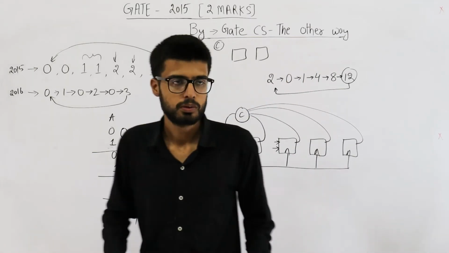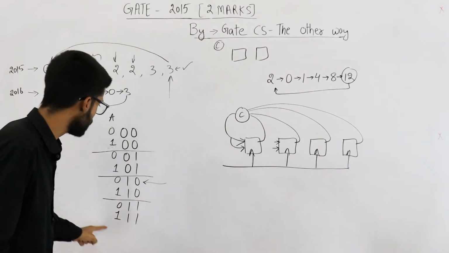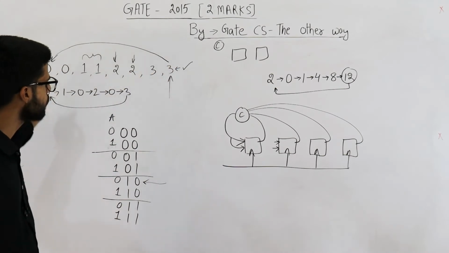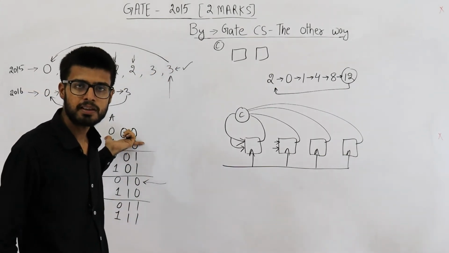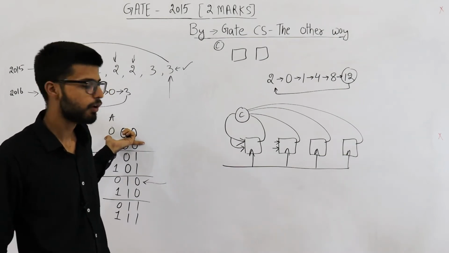Now, what you do, you design a counter for this counting sequence. Forget about this. Design a counter for this one. Here each and every number can be represented in 3 bits. That means 3 flip-flops are enough.